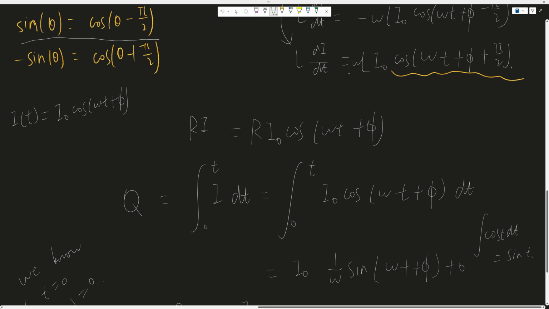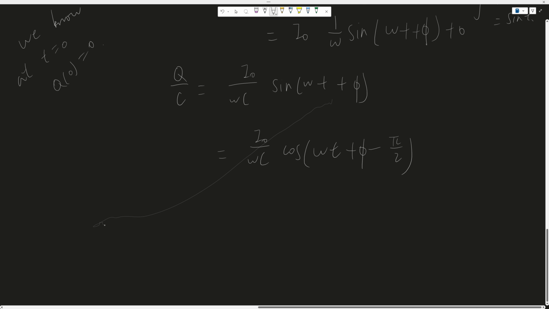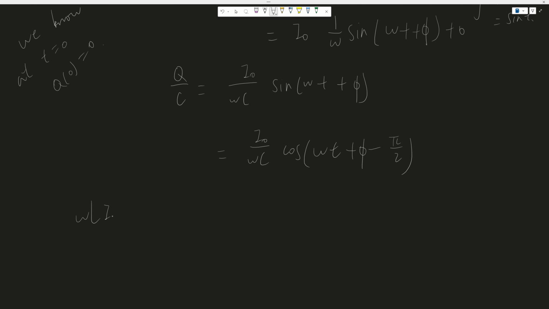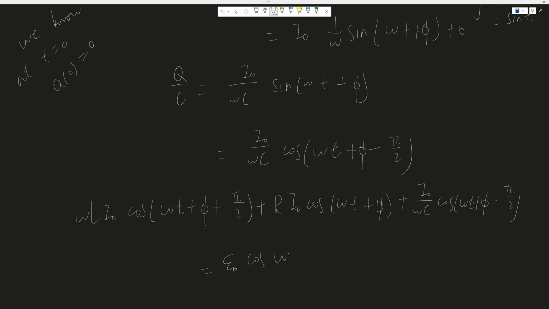So we have omega L I0 cosine omega t plus phi plus pi over 2, plus R I0 cosine omega t plus phi, plus I0 over omega C cosine omega t plus phi minus pi over 2, and they all should equal theta naught cosine omega t.